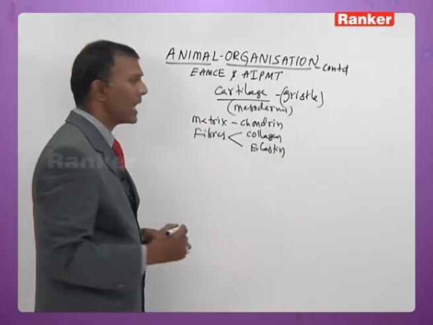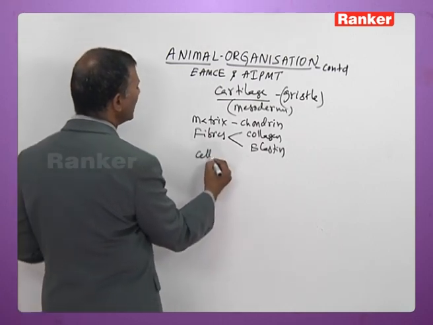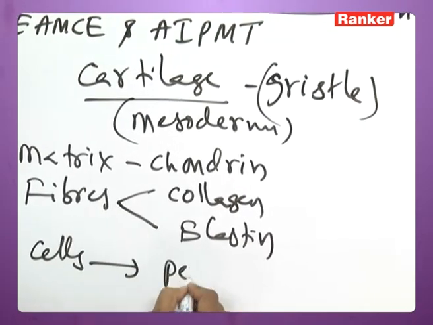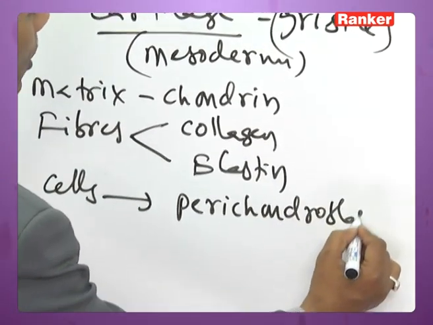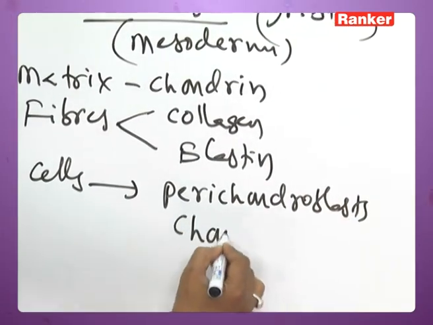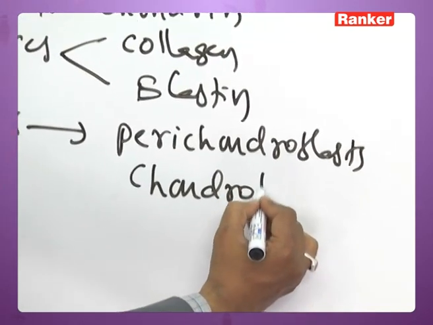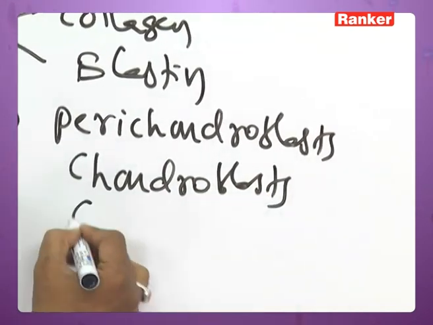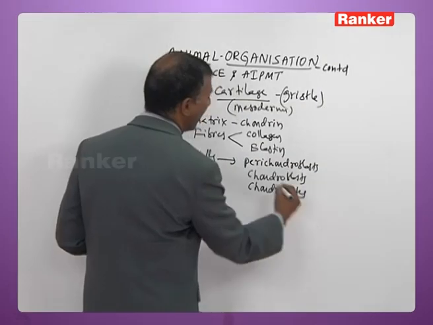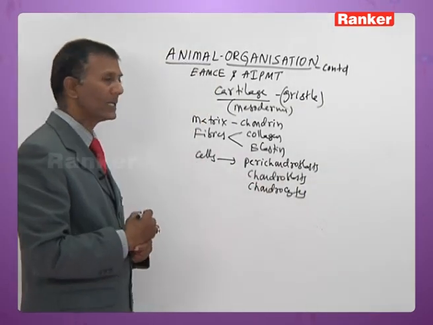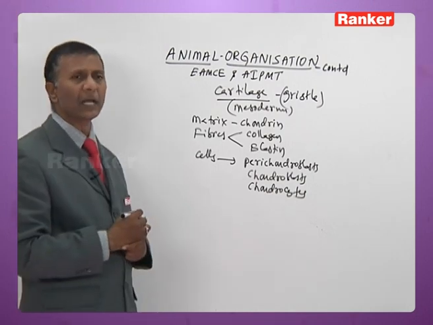The cells of cartilage are perichondroblasts, chondroblasts and chondrocytes.